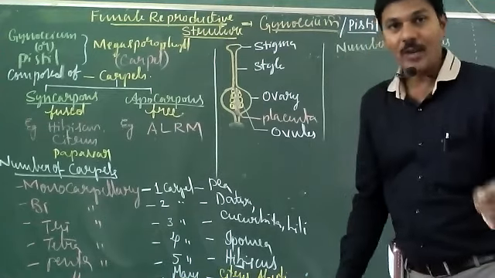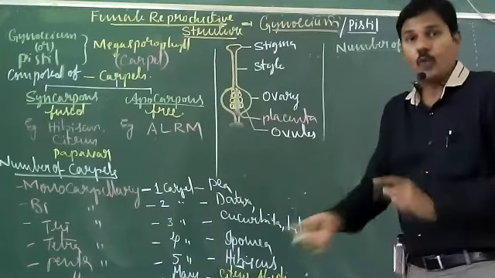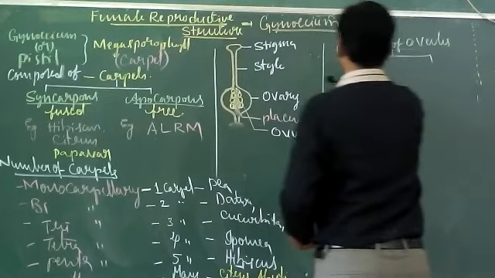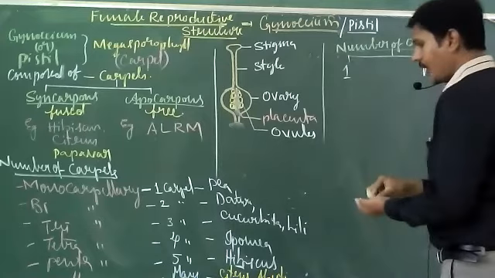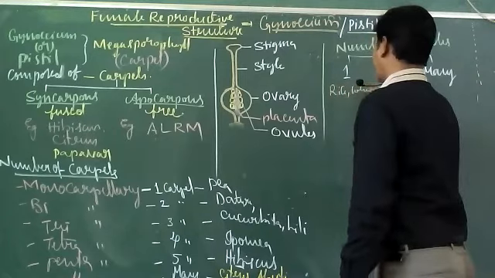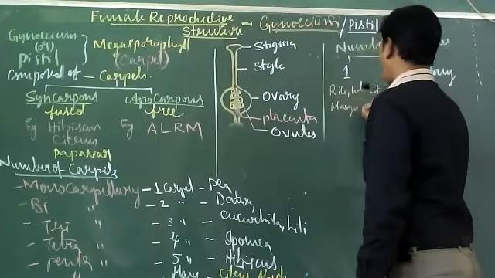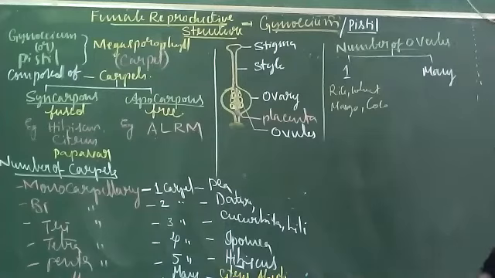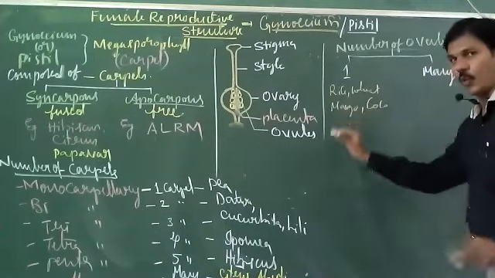So an ovary may possess only a single ovule or many ovules. Only one ovule is present in rice, wheat, mango, coconut, date palm, cashew nut. Likewise, only one ovule is present inside the ovary.